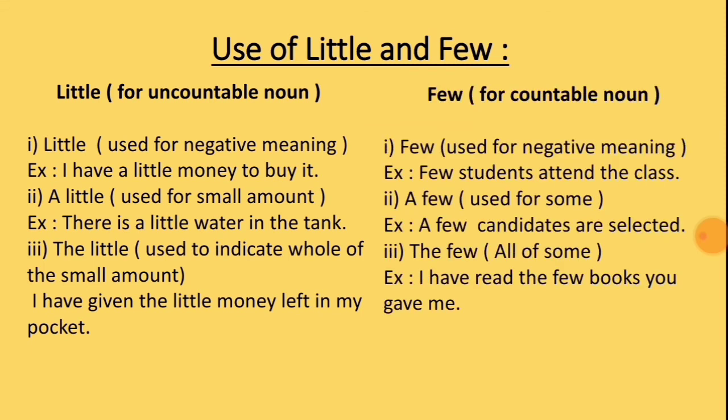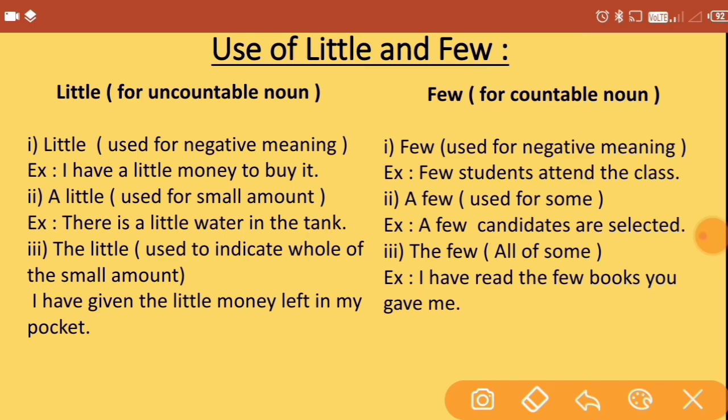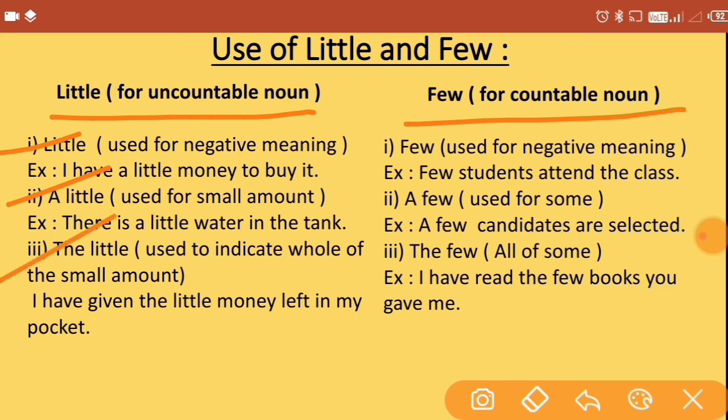Here we learn about the use of little and few. Little is used for uncountable noun, few is used for countable noun. Little can be used in three forms: little, a little and the little. Similarly, few is also used in three forms: few, a few and the few.